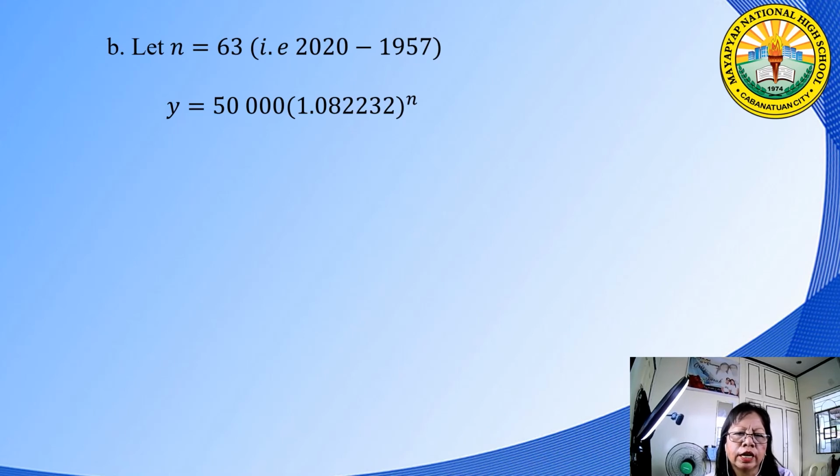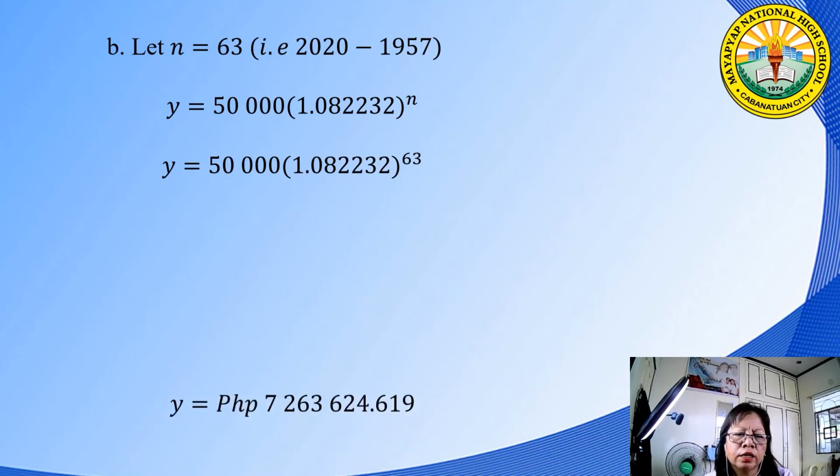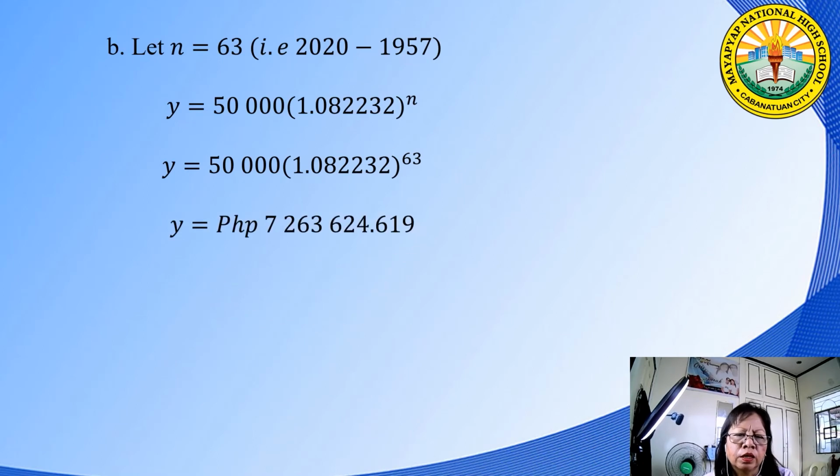You replace it. So y equals 50,000 times 1.082232 raised to 63. Then when you simplify, y is equal to 7,263,624.619.